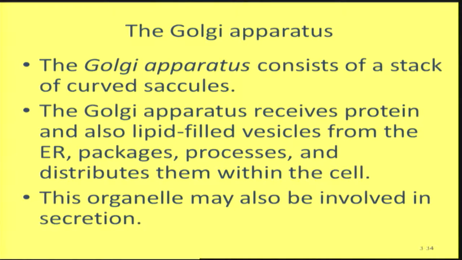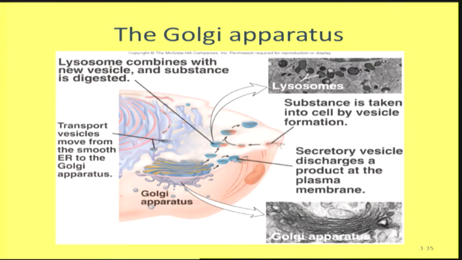This organelle is also involved in certain secretions. If you see the Golgi apparatus structure in this particular picture, the substance is taken into the cell by vesicle formation, and a secretory vesicle discharges a product at the plasma membrane.